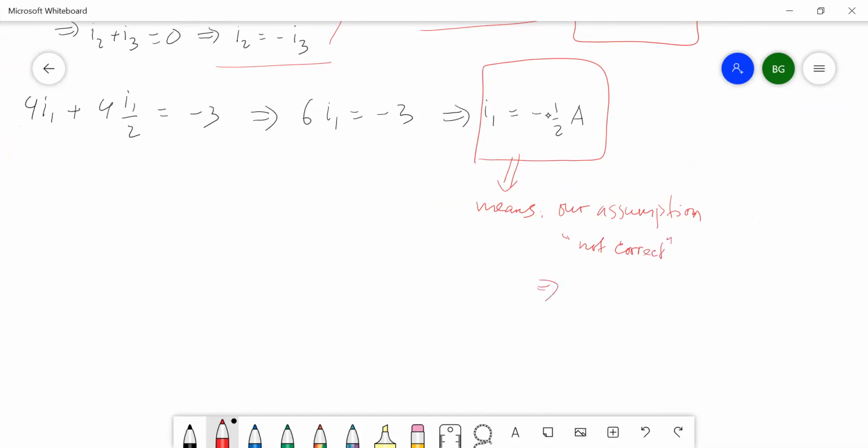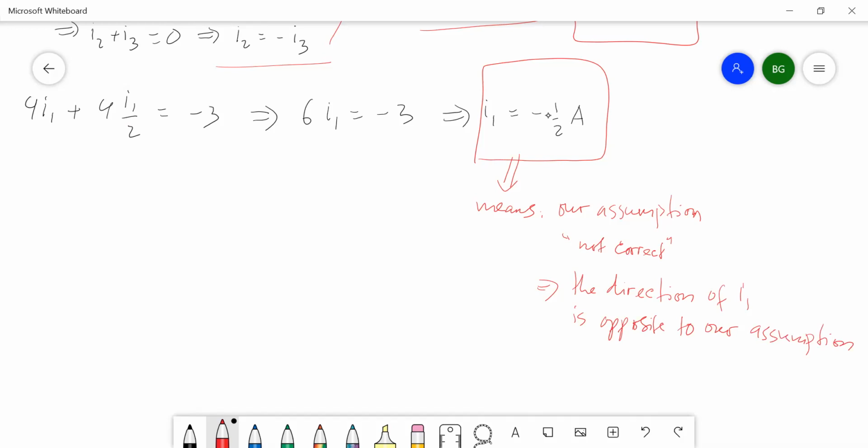So the direction of I1 is opposite to our assumption.